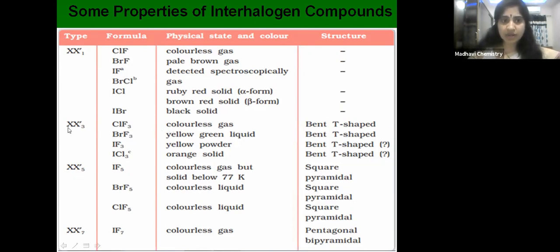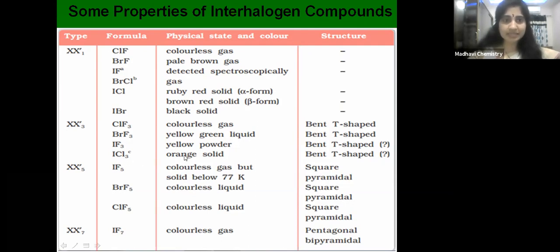See children, XX'3 type interhalogen compounds have a T-shaped structure. Very, very important. BrF3 is a yellow green liquid, IF3 is a yellow powder and ICl3 is an orange solid.